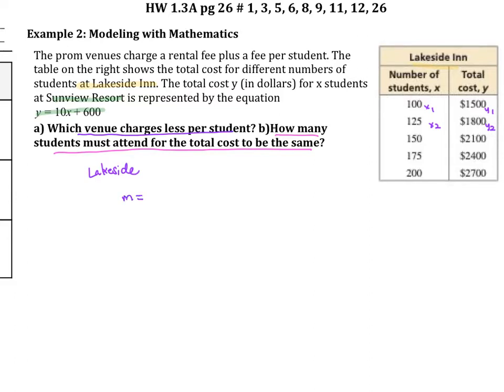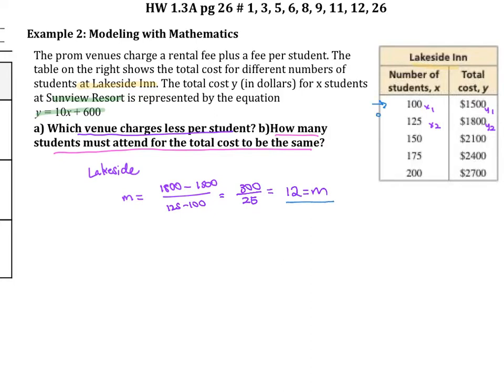So m equals 1,800, the y, minus y1, which is 1,500, over x, which is 125 minus 100. So this is 300 over 25, which is 12. So that is our slope. Now we don't know our y-intercept, and it's hard to see because we don't have a 0 here.